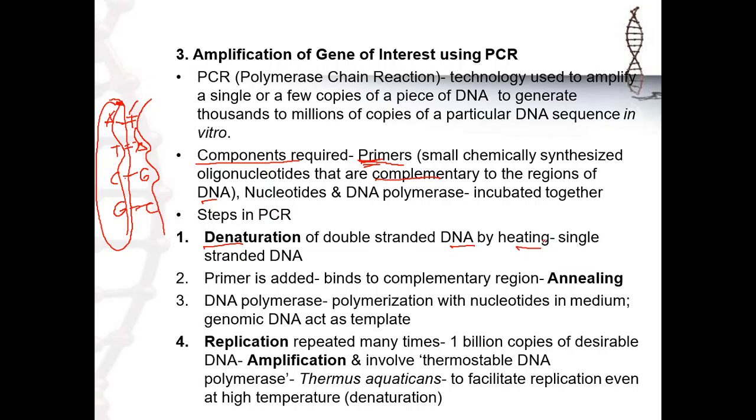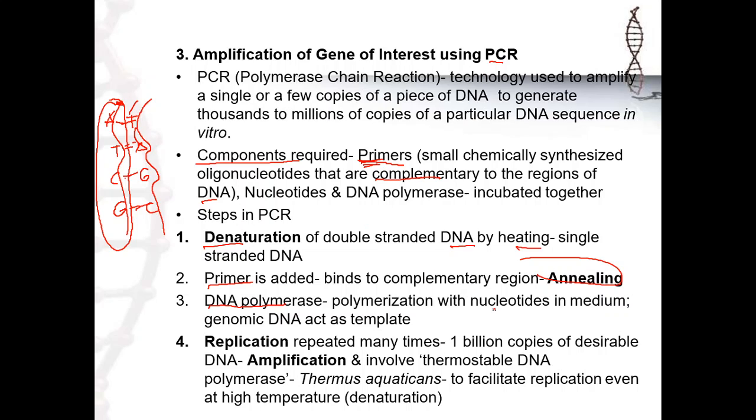So if we have double-stranded DNA, we heat it and it becomes denatured, and then the individual strands separate. The strand of purines and the strand of pyrimidines separate. After they are separated into single strands, we add the primer to complete the partner, the other side of the DNA strand, and that process is known as annealing. Then we add a DNA polymerase. What is the purpose of DNA polymerase in PCR?